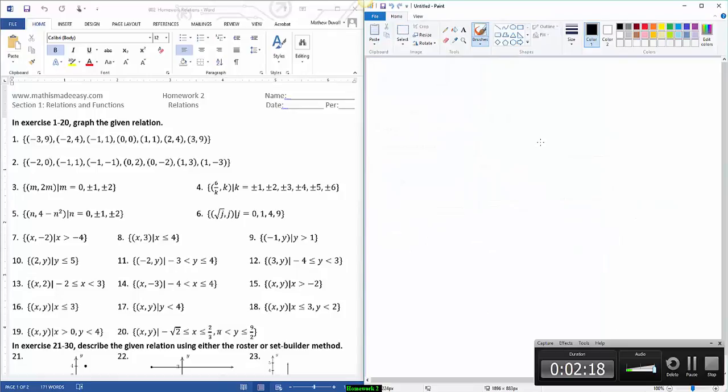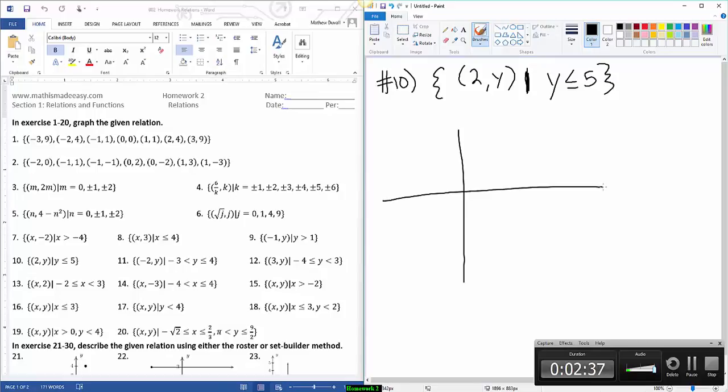Let's look at number 10. On number 10, it says my x has to be 2, but my y is defined as everything less than or equal to 5.